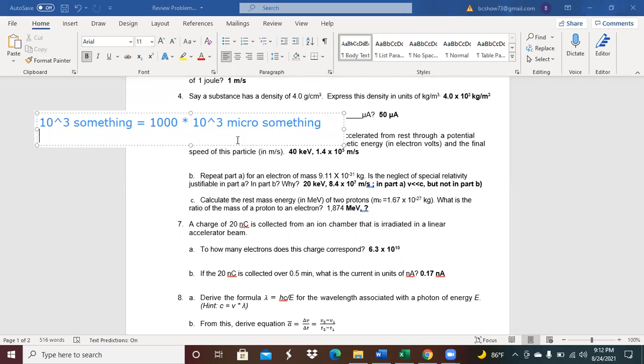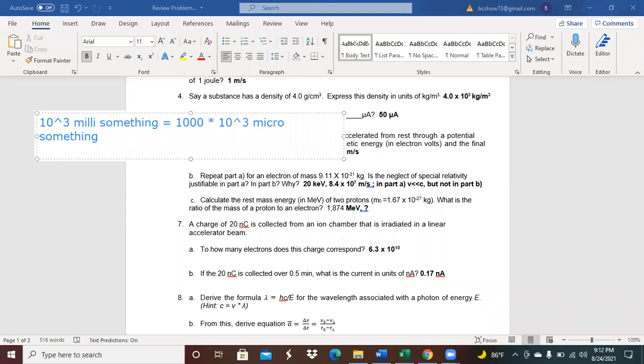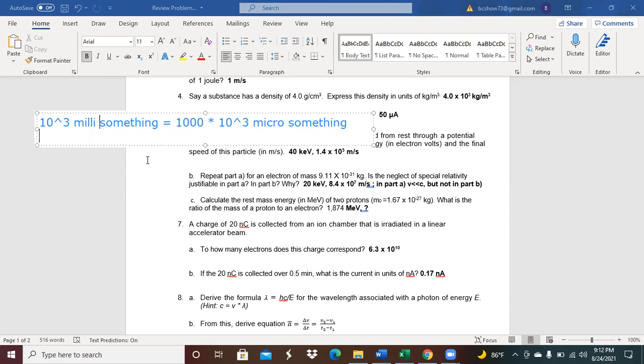So what we're going to end up with, and I should put that there, I didn't do that before. So in other words, we're going to have 1,000 more of something if we go to those units that are basically 1/1000th of whatever it was we were looking at before.